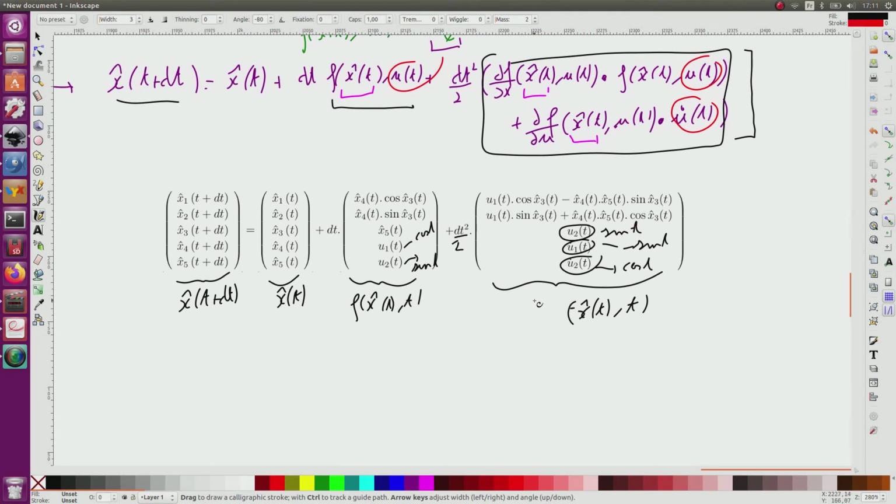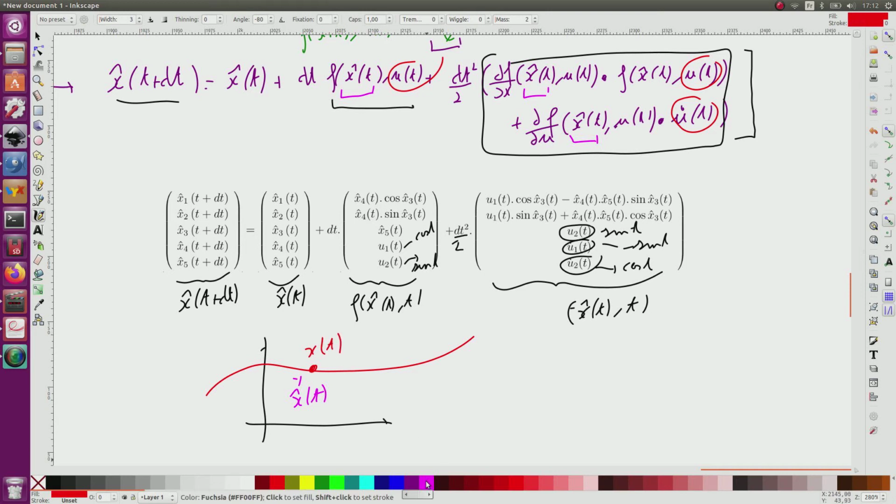Okay. As a consequence, in the state space, if I know x hat of t, which is an approximation of the true x of t, I will be able to approximate here x hat at time t plus dt.